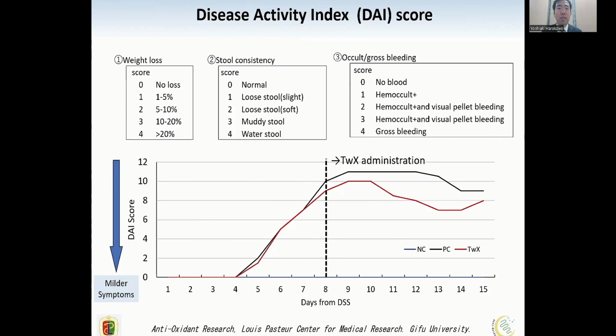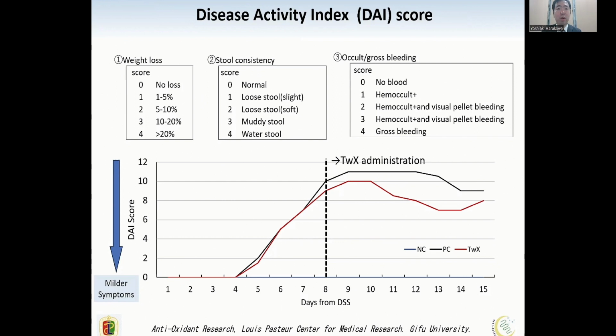For stool consistency, the softer the stool, the higher the score, with a maximum score of 4 points for watery stools. For bleeding, the maximum score is 4 points depending on the severity of the bleeding. As you can see, a lower score indicates milder symptoms.